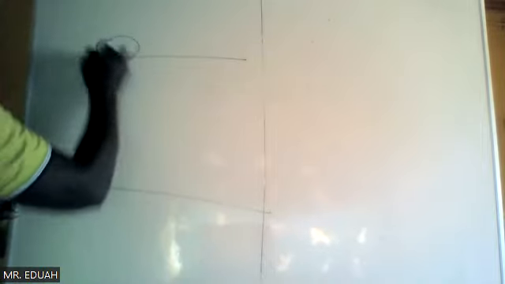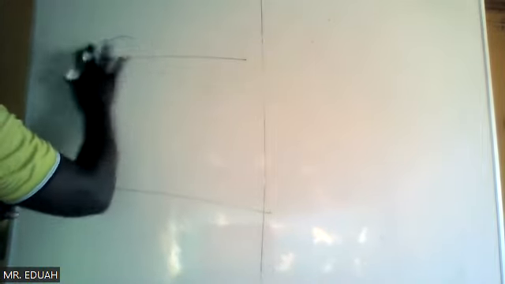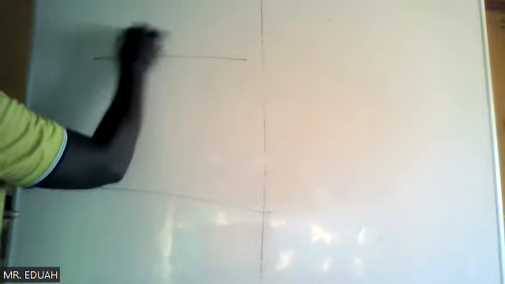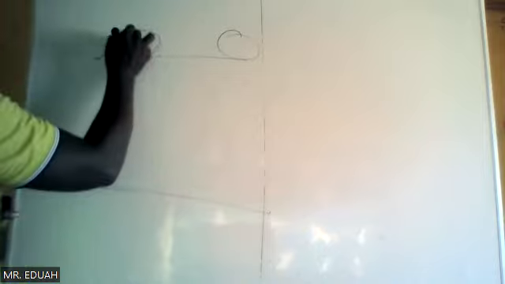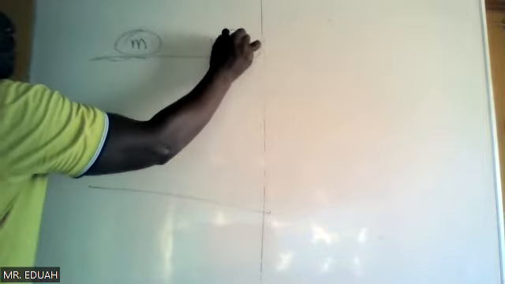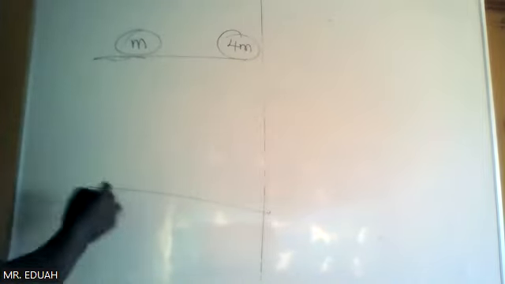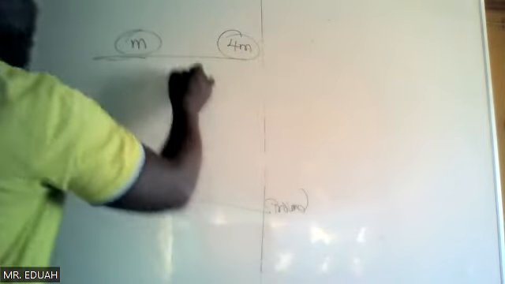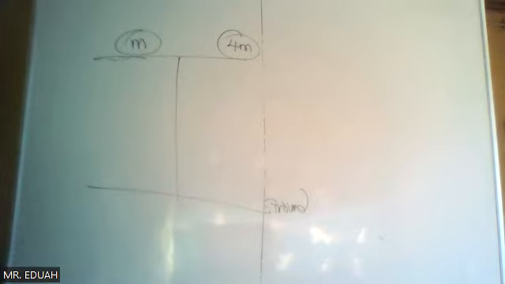We have two masses on the top of the tower, M and 4M. They have different masses, but their distance to the ground is the same.